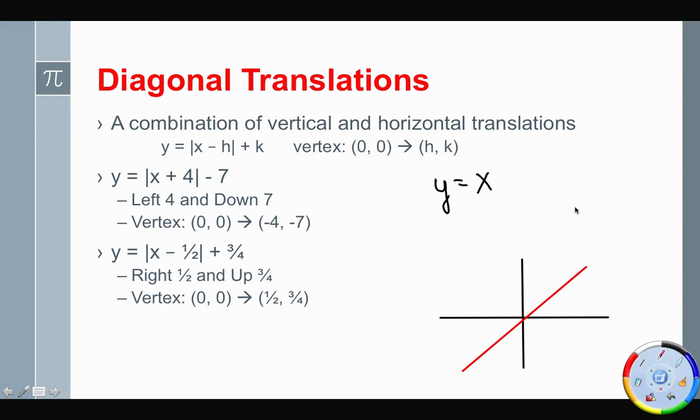But I can then write a transformation where I say y equals x plus 2. And this is really a translation. Yes, some of us understand that this is the y-intercept and the slope is still 1. But what this really is is a translation up 2 units, because it's the plus 2 on the outside of the x. So we can draw this as a translation moving up 2 units.